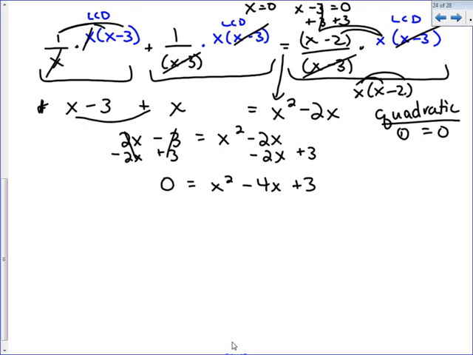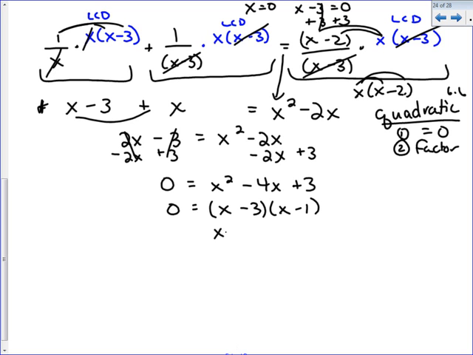So when I have a quadratic, this again is 6.6. After I set it equal to 0, what do I do? Factor. So I'm looking for a pair of numbers that multiplies to positive 3, adds to negative 4, which is going to be negative 3 and negative 1. So there's my factors. It's still equal to 0. And how do I get my answers?